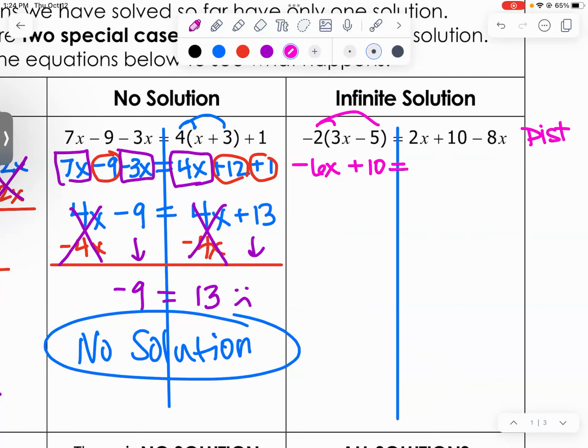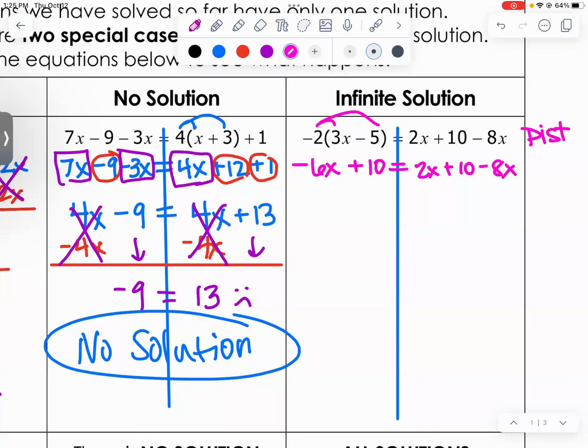You see what I mean? Which is the same thing as minus negative 10, but it looks a lot nicer. Okay, we've done the distributing.